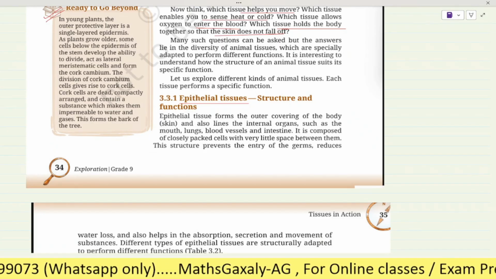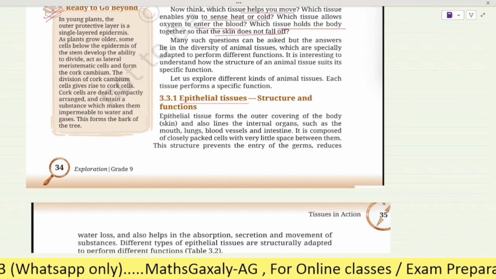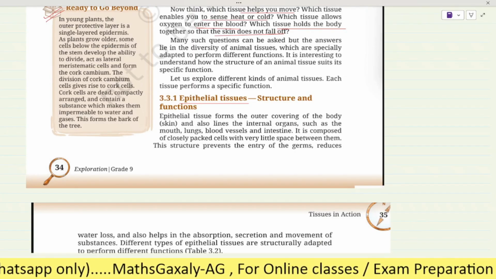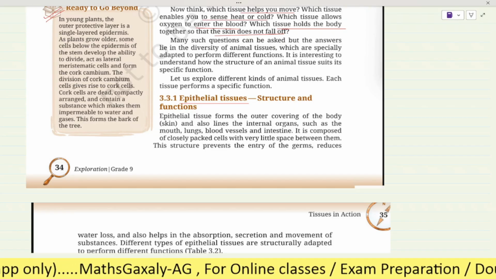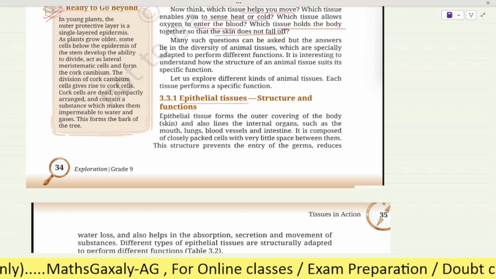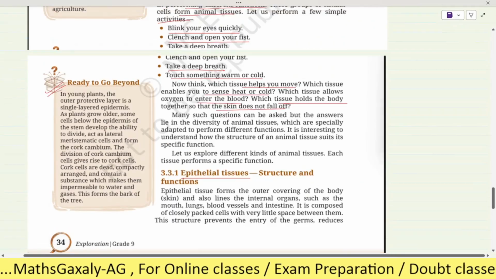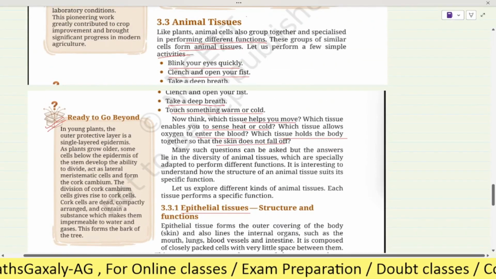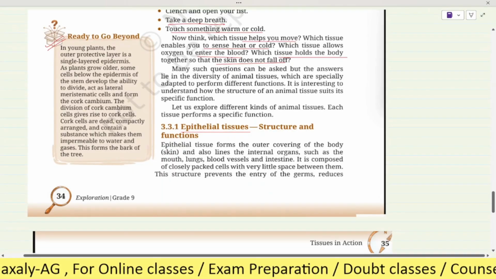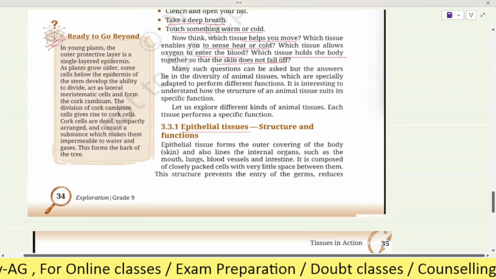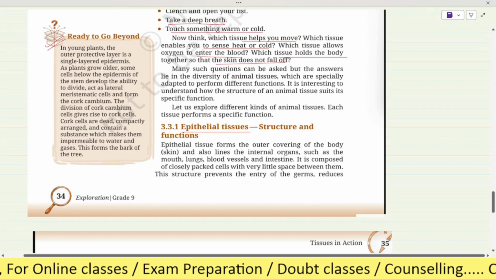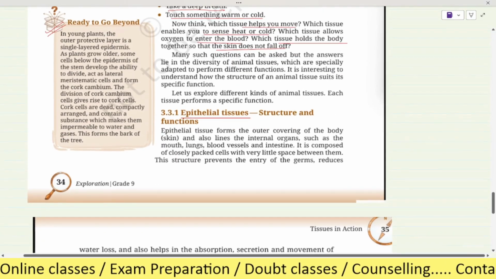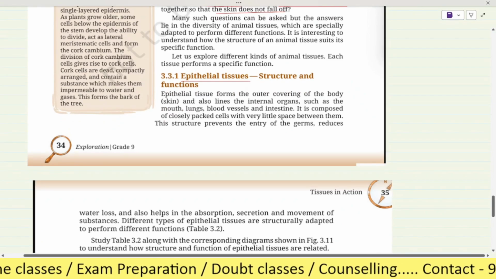Should we write the definition of animal tissues first and then go on to the examples? No, it's not necessary. So these are the kinds of tissues. If they ask, you can write these names, which we learn now.